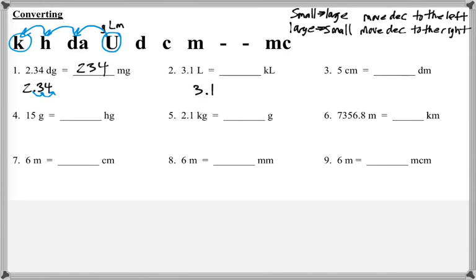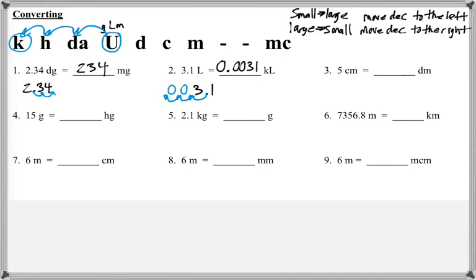So I want to mirror that with my decimal place and go 3 places to the left. And I need to add my own zeros there. So this is going to be 0.0031, and we should put the leading zero right here as well. You don't have to, but it's a good idea to do that.